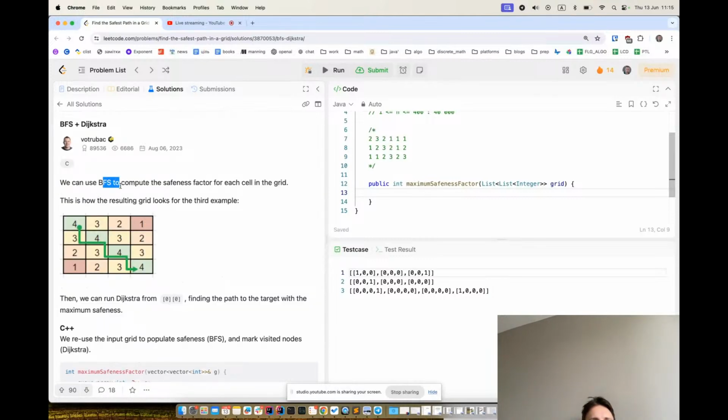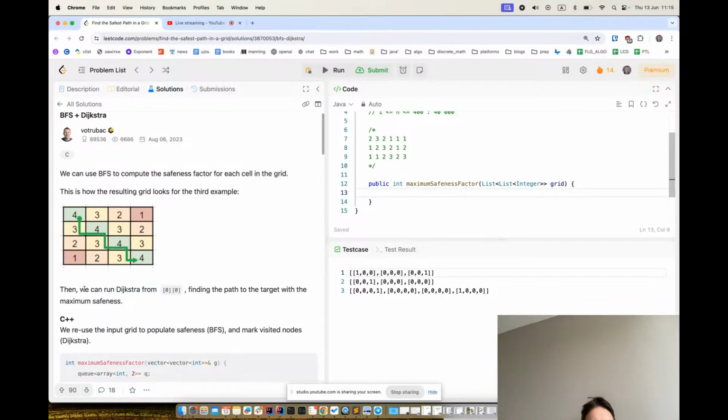We can use BFS to compute the safest factor for each cell in the grid. This is how the result grid looks for the third example. So we have 4, 3, 4, 3, 4, 3, 4. Yeah. So there we can run Dijkstra from 0, 0, finding the path to the target with the maximum safeness.